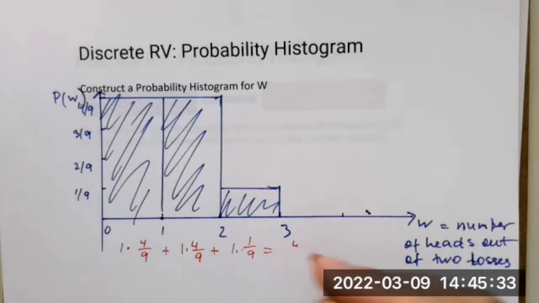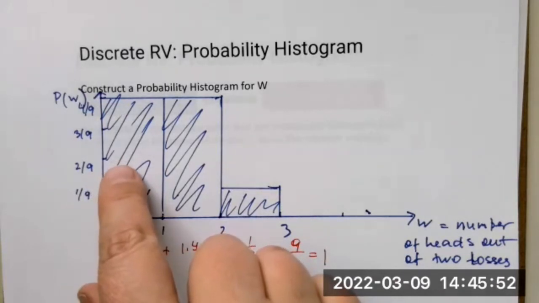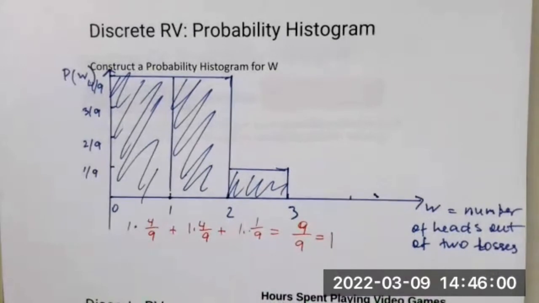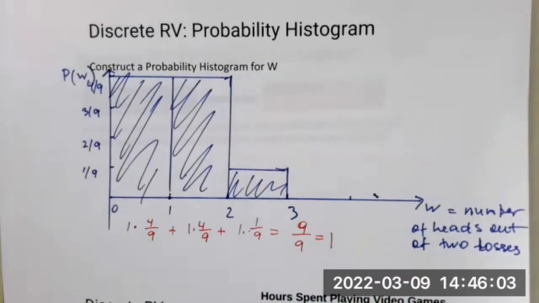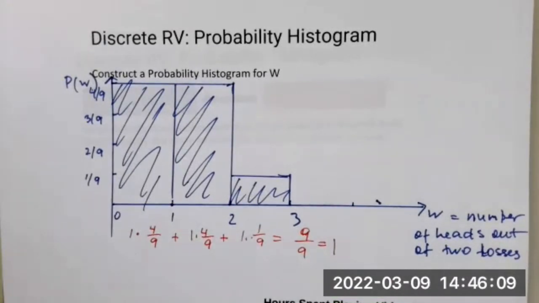That gives us 9/9, which is 1. So the total area is 1, which is the same as our total probabilities. So from here, we already have a sense of the fact that the probability is represented by the areas of those bars. So the areas of the bars and the probabilities are going to be the same thing. And we're going to use it in our future calculations.